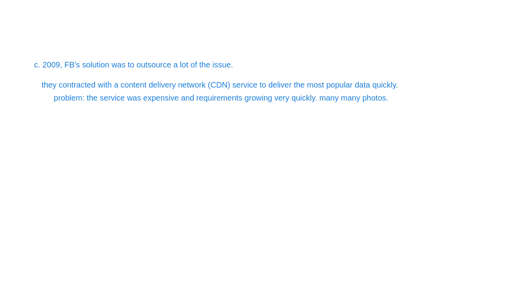At projected growth rates, Facebook would not be able to maintain photo delivery speed. Okay, that was going to be a big problem, right? Because there was too much traffic to pay this content delivery network to do it for Facebook, and putting it all on RAM was going to be way too expensive. So they were going to have to shift to kind of slow hard drives. It was going to be a problem.